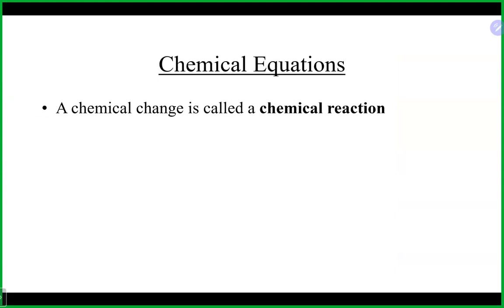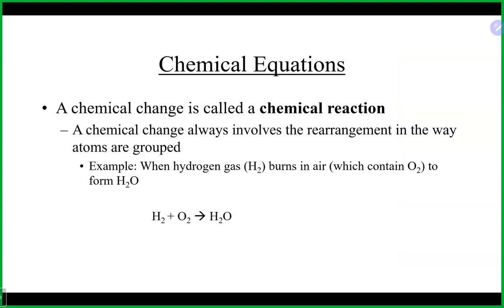So one of the major ways that we represent a chemical reaction is using chemical equations. In chemical equations, we use the symbols for the elements to indicate what's going on.